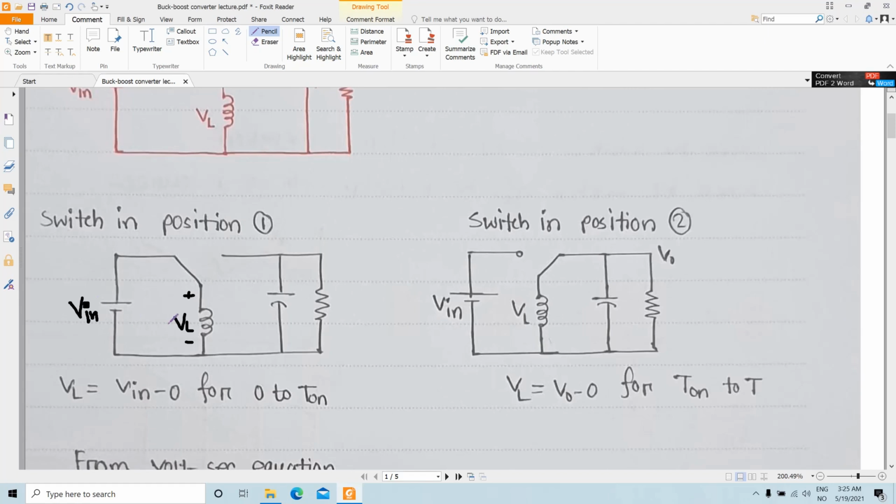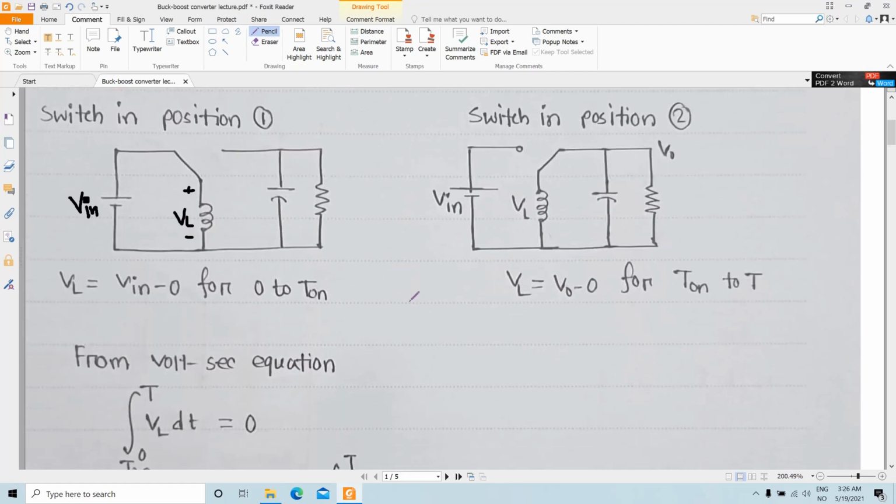The voltage across the inductor is V in for the time from 0 to T on, the time when it is connected to position number 1. And when this switch is connected to position number 2, our VL is V out.